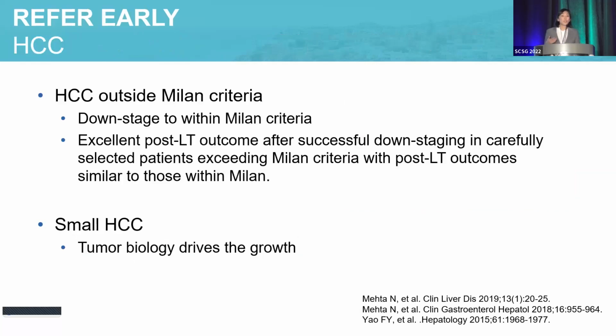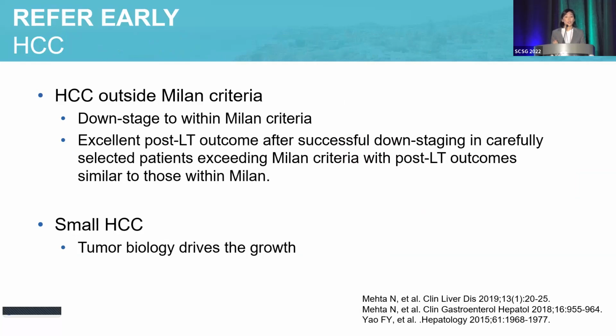HCC patients. It used to be that we would just send a patient for transplant when they met Milan criteria or T2 criteria according to UNOS policies. But now we know that we can downstage these patients. Now we know that we can be aggressive and get them to Milan criteria at the time of transplant, and they would qualify for MELD exception.